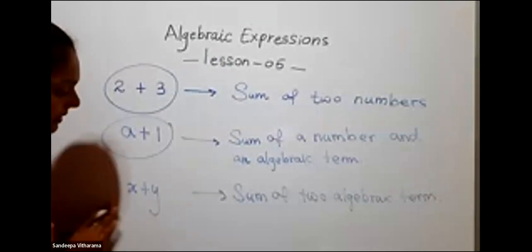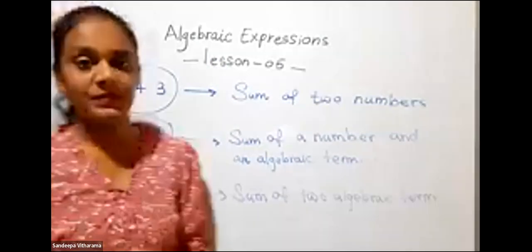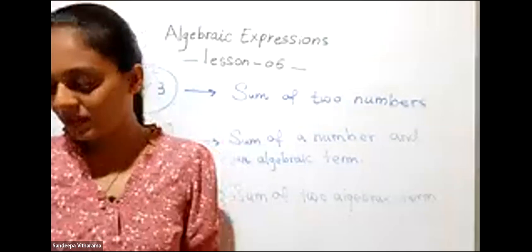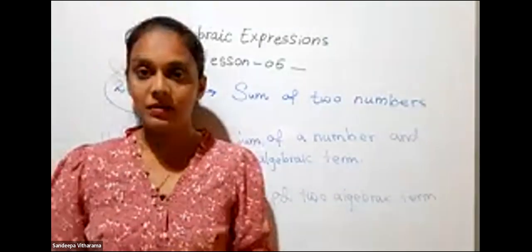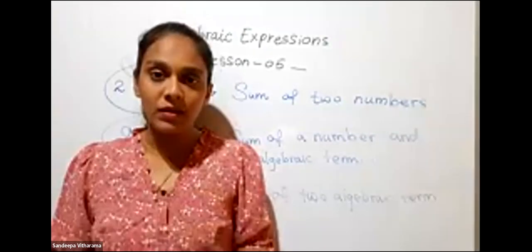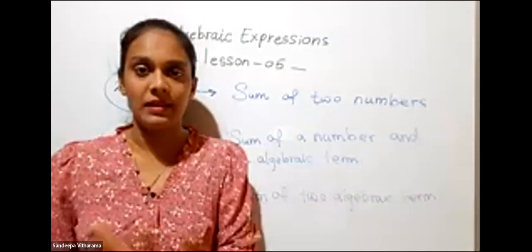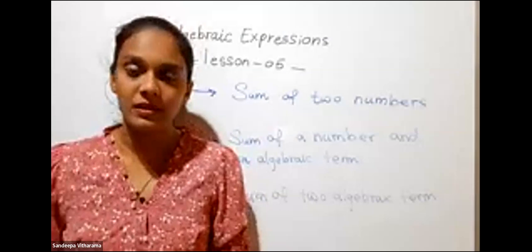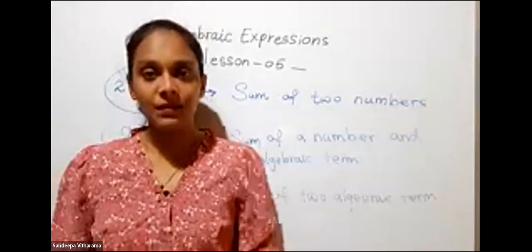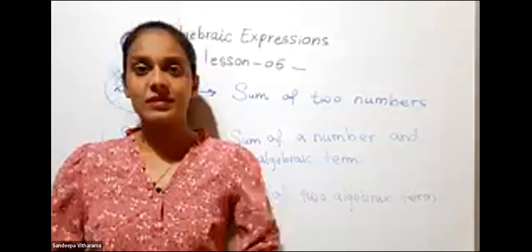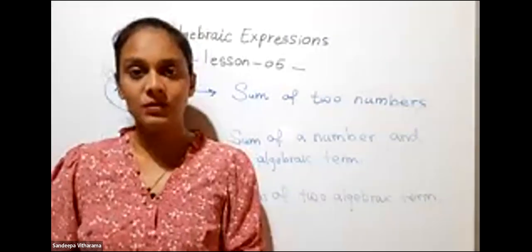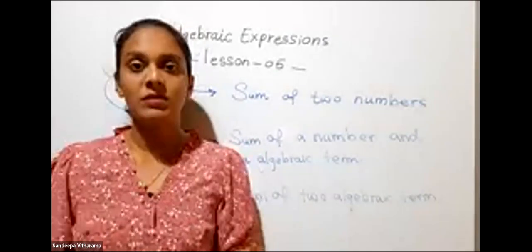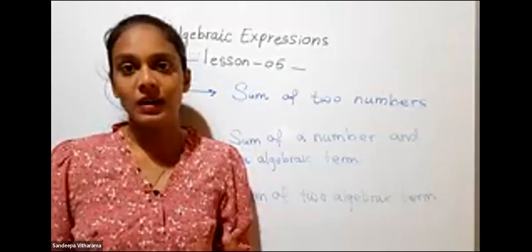We can write, if we don't know, you may think, I have a particular amount of money with me, and my friend has another amount of money with her. Then I want to know the sum of the 2 amounts that both of us have.